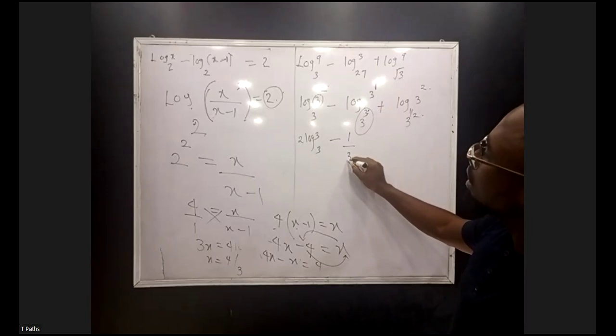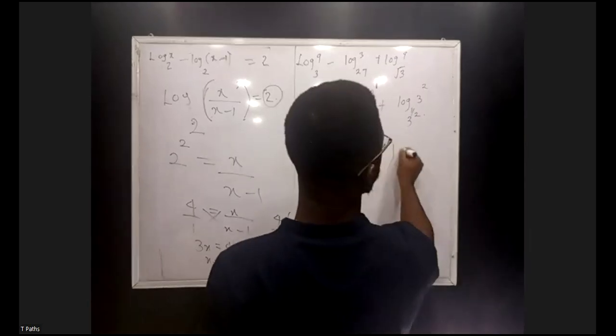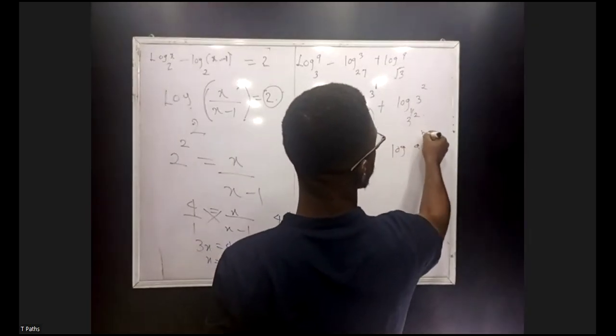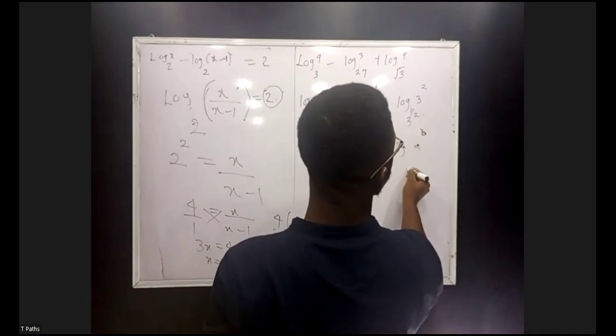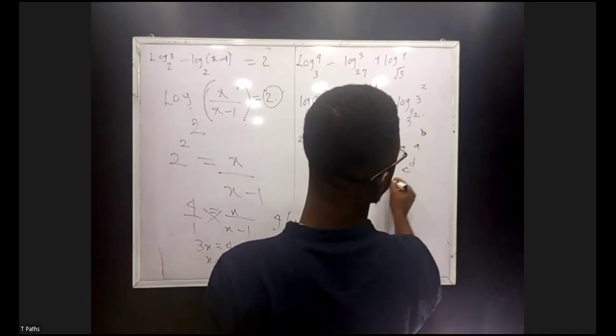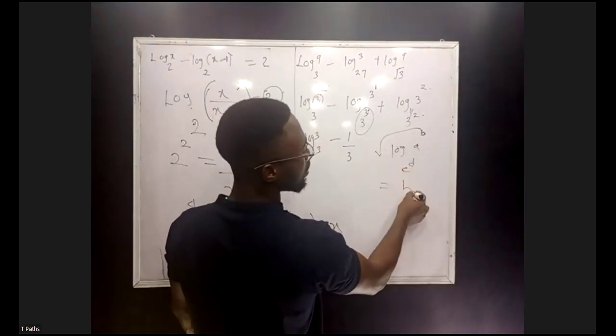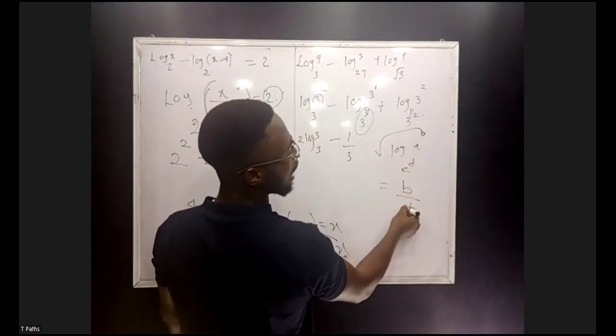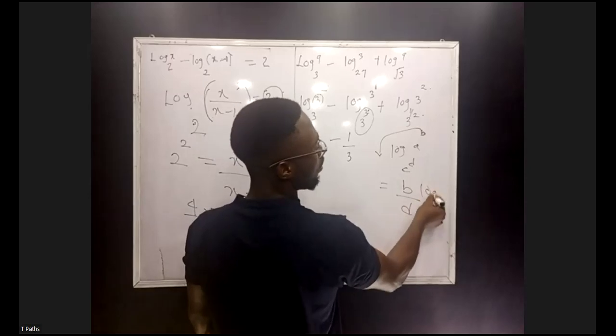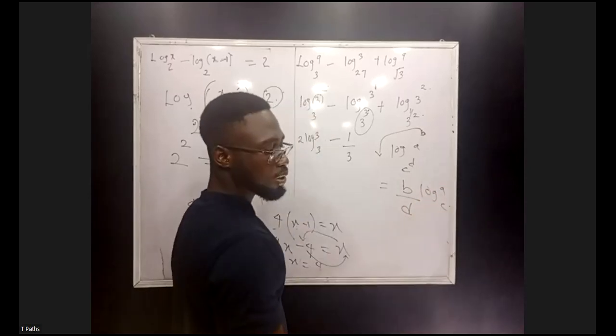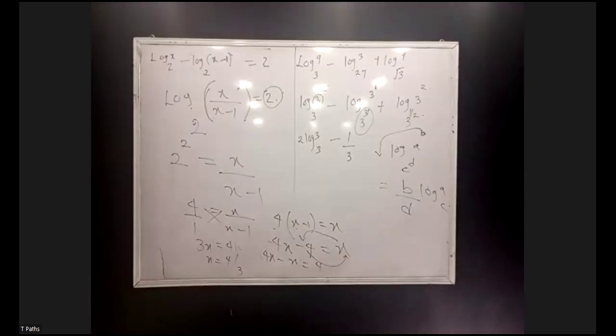That's 3. Because remember, there's a rule that says that logarithm of a to base c raised to power d is equals to, you bring this b out, then this will now come under d, logarithm of a to base c. Am I making any sense?